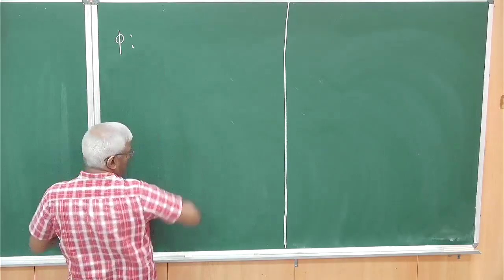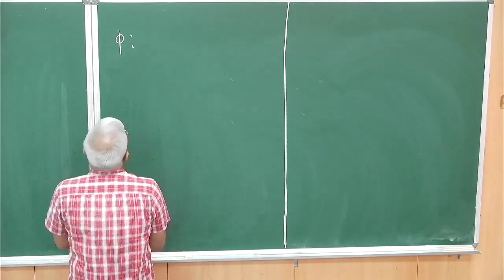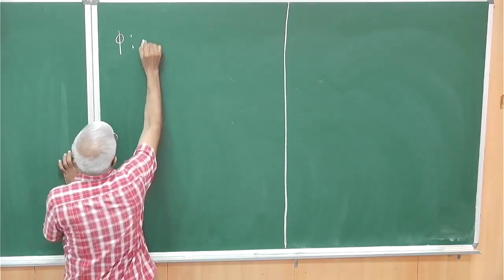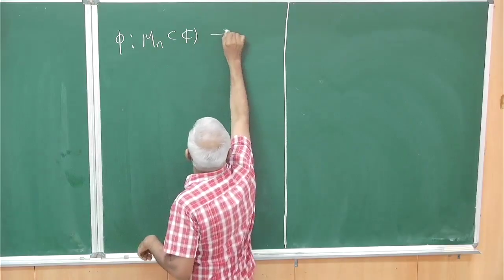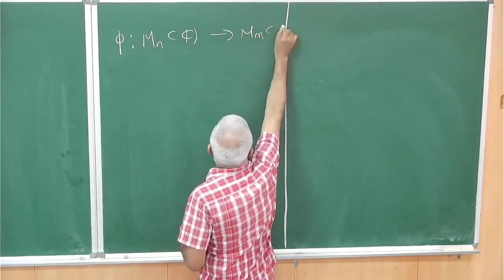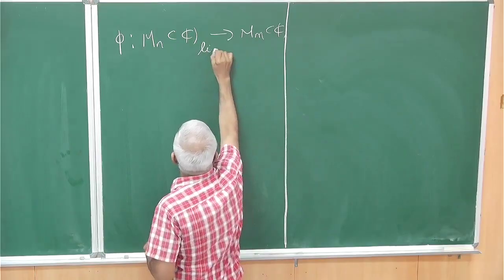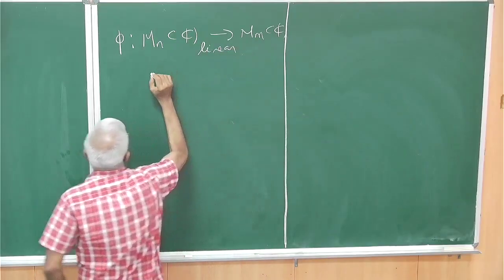For the time being, we are just doing some linear algebra, just doing the mathematics. Here, a completely positive map is a linear map from M_n(C) to M_m(C).